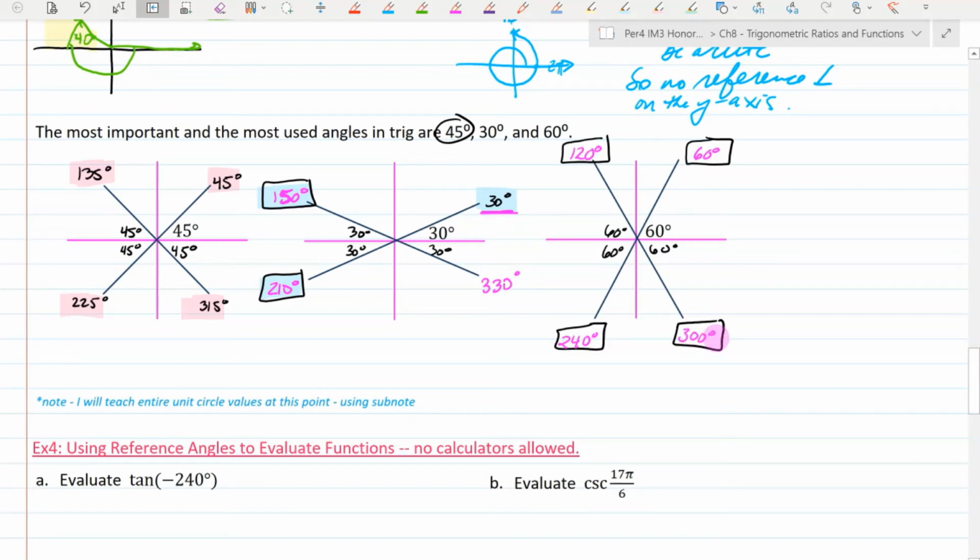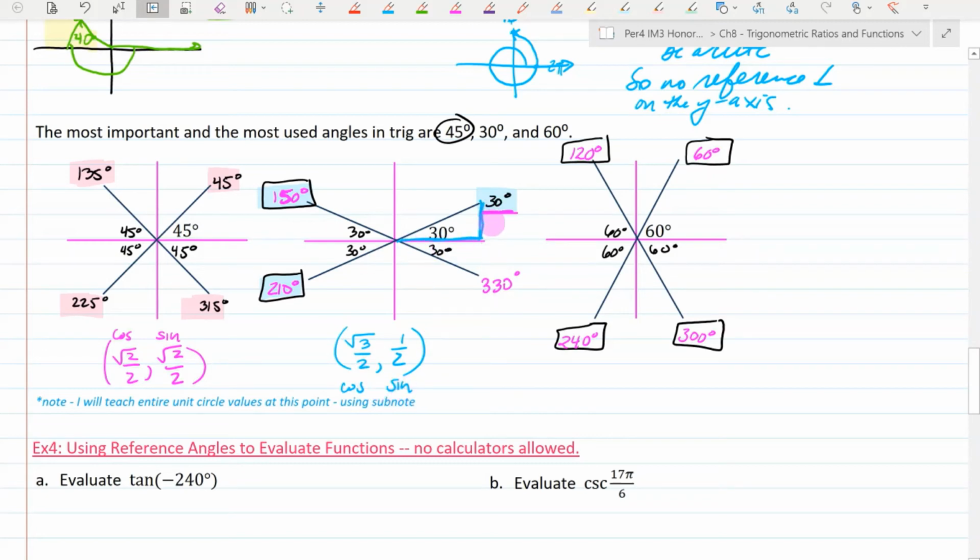Okay, and the reason that these are important is because here, all the x and the y values are going to be radical 2 over 2, which are your cosine and sine values. The signs will be different depending on which quadrant you're in. For the second one, all of these are going to have the long x and the short y. So this will be cosine, this will be sine.